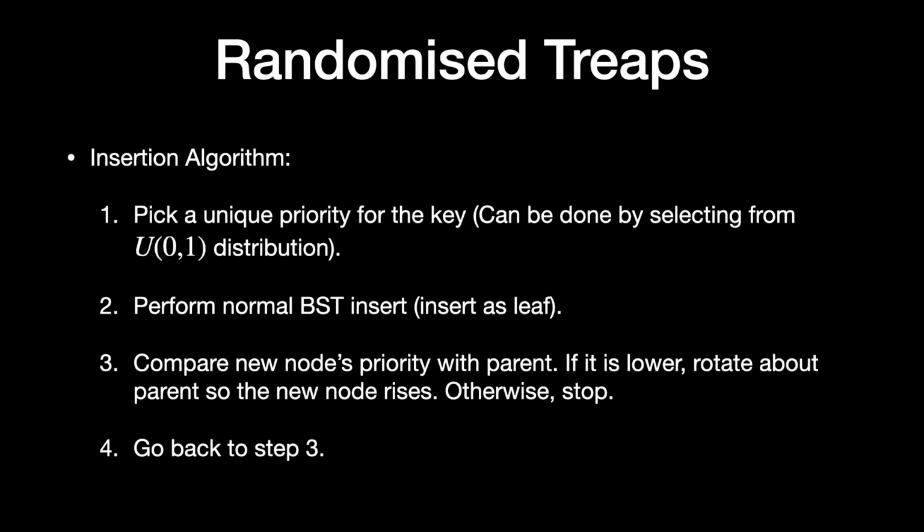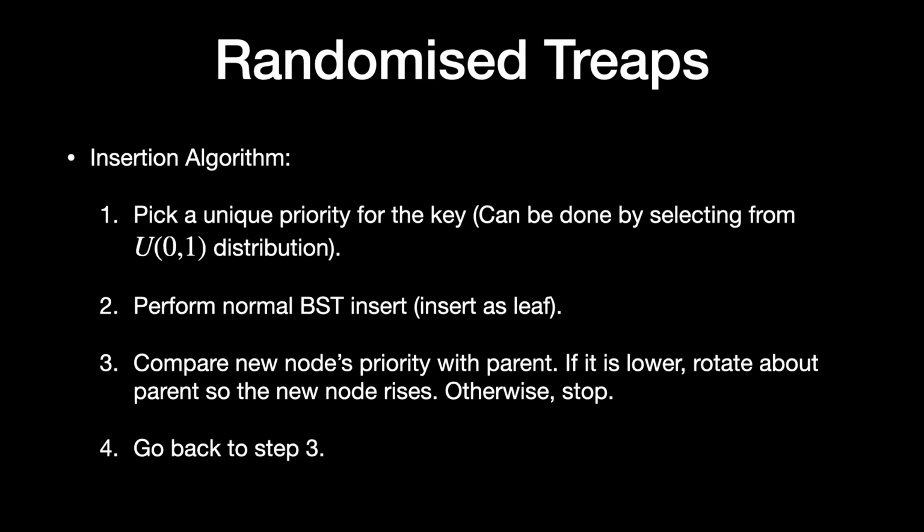Now, I would like to talk about the insertion algorithm for randomized treaps. In order to insert a particular key into a randomized treap, the following steps need to be followed. If you may recall, in treaps, keys are also associated with a priority value, and these priority values are distinct. We need to pick a unique priority value for the key to be inserted.